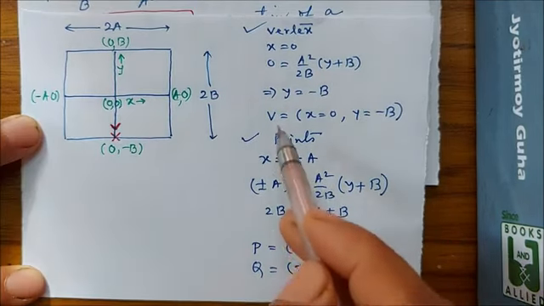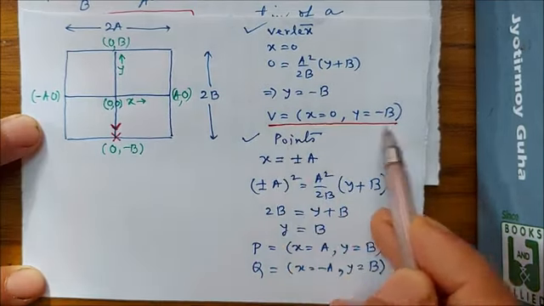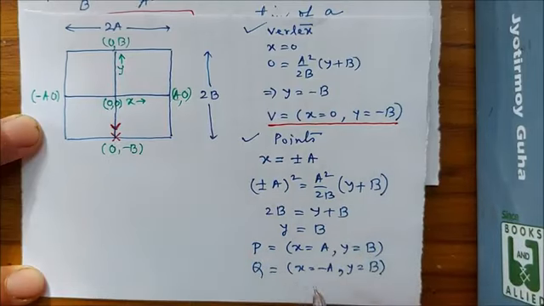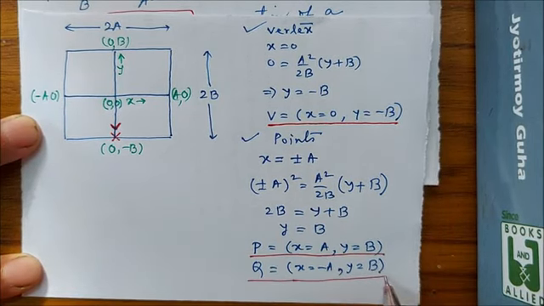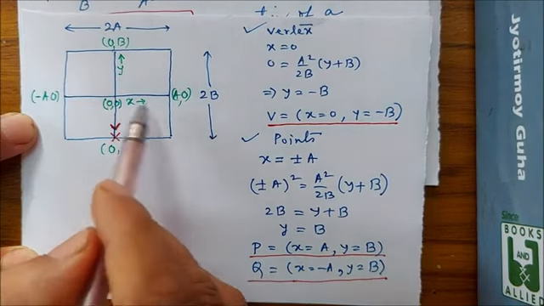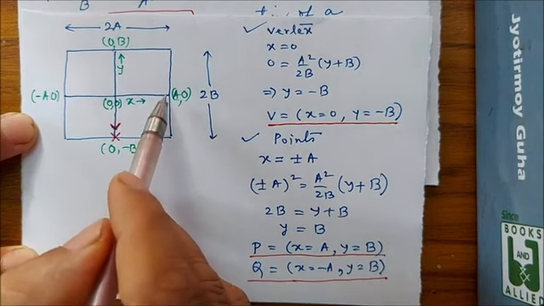Earlier we had vertex v defined by 0, minus b, and now we have identified two other points. One is a, b, and the other one is minus a, b, and they are here, x equal to a, y equal to b.